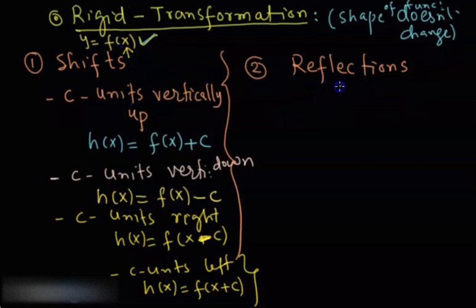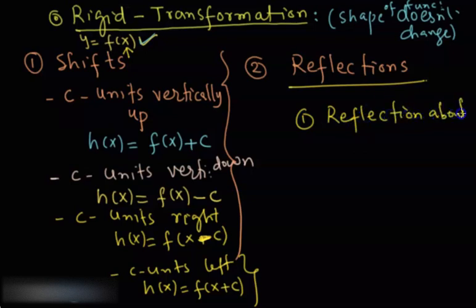So there are two reflections as well. These four are rigid transformations, and reflections are going to be two: reflection about the y-axis and reflection about the x-axis. If you have a function y equal to f of x, and you replace x with minus x, then it will be reflected about the y-axis.